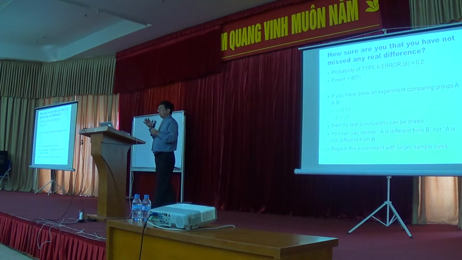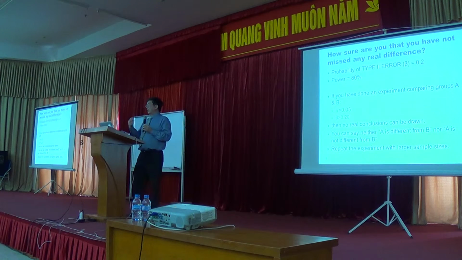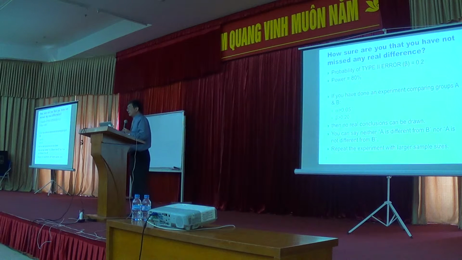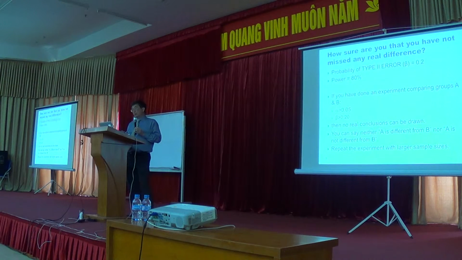The acceptable or the convention is to use a beta of 0.2, meaning that whatever experiment that you do, need to have a power of 80%, meaning that you are at least 80% or more sure that you have not missed any real difference.